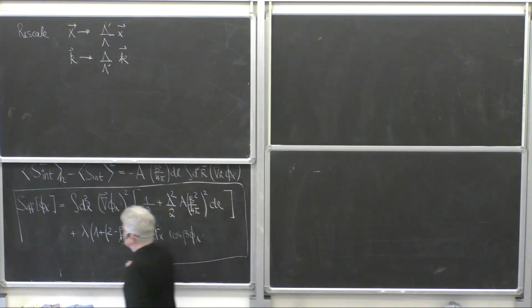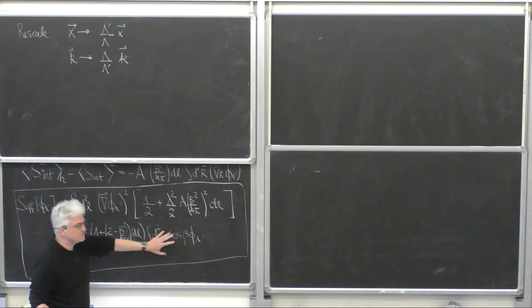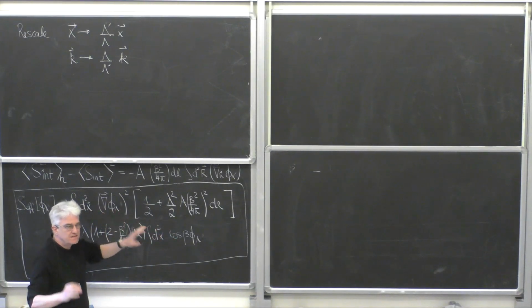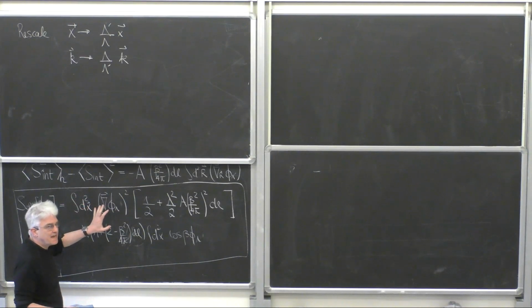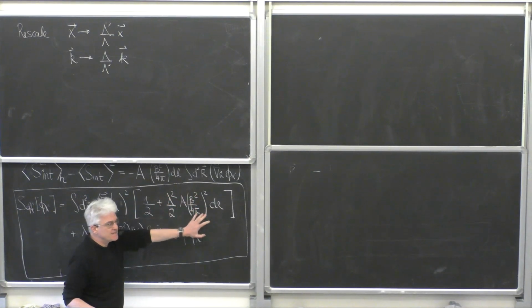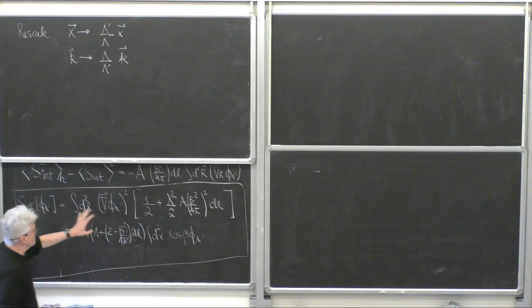So this is the result of the second order calculation. The first order calculation gave us just this rescaled cosine term. Nothing happens to this. And in the second order contribution, two things happened. We pick up this extra contribution to the Gaussian part of the action, which will be very important.